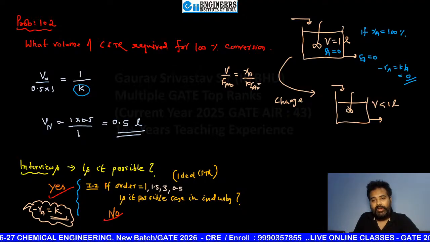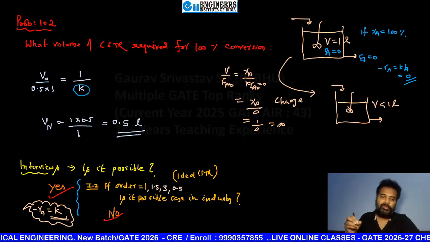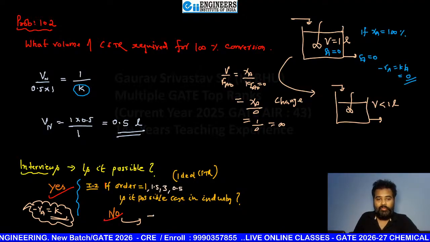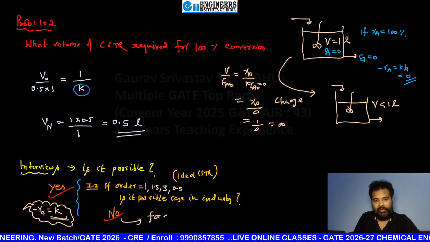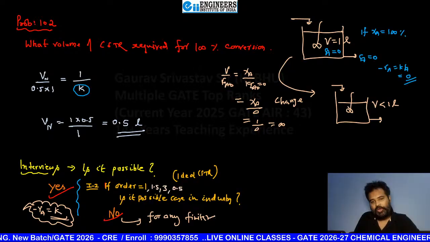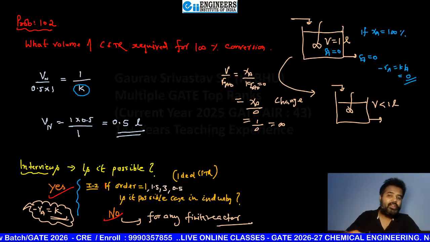And if C_A you are writing 0, that means X_A by 0, or 1 by 0. See, it's infinite, beta. So clearly no for any finite reactor. It is not possible. Okay? Is it clear to all of you?